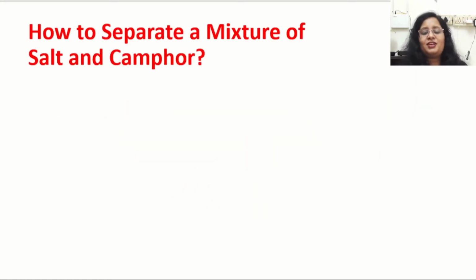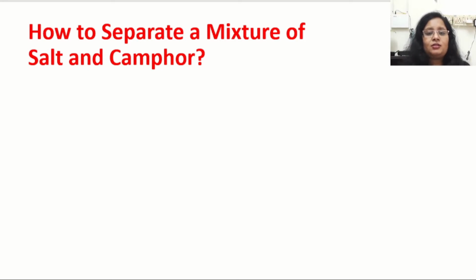So friends, if we have a mixture of salt and camphor, how to separate it? We have already learned in chapter number 1 that camphor is a sublime material. It means it will directly transform from solid to gaseous form or from gaseous to solid form without going to the liquid form.